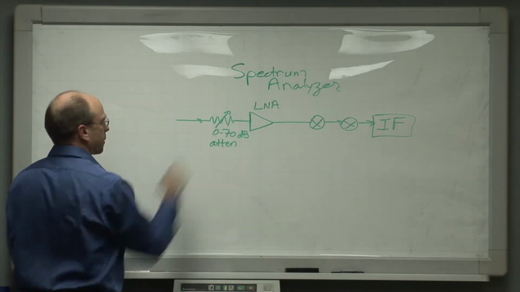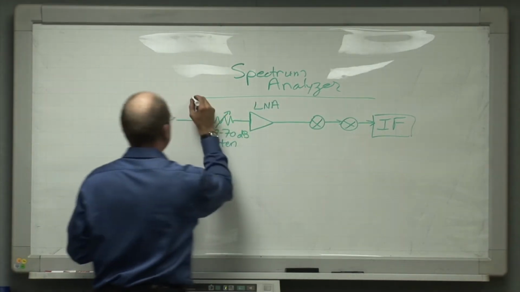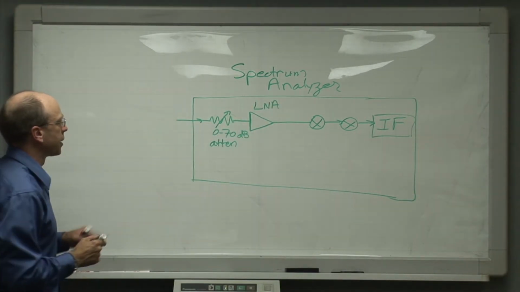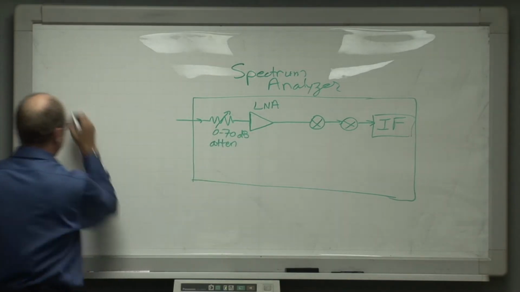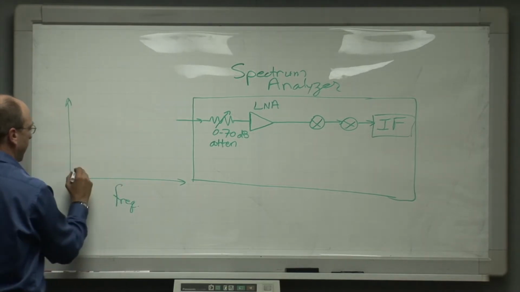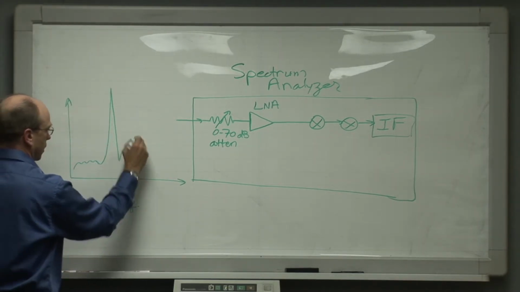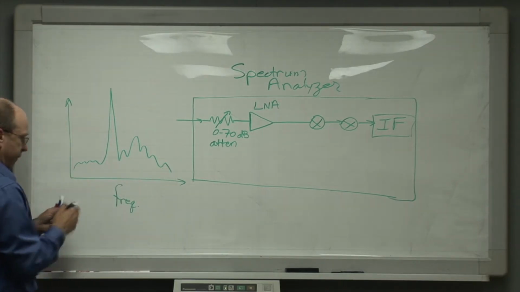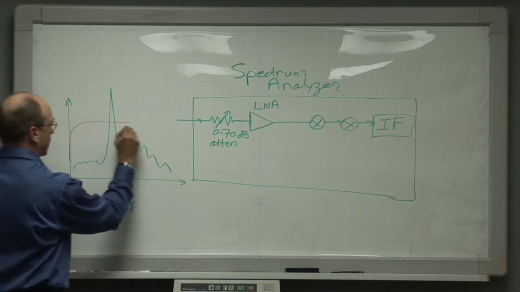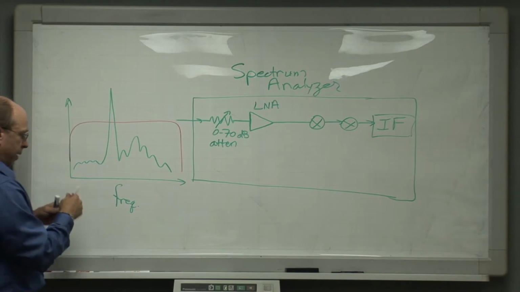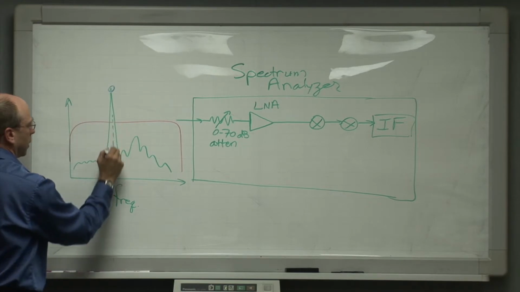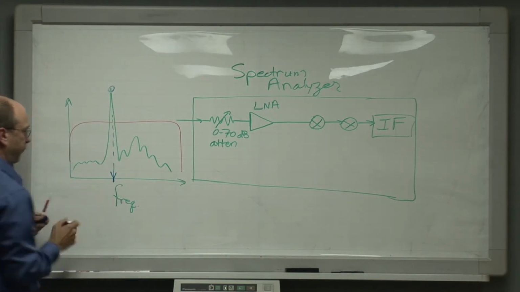If we were to use this kind of configuration at the front end of a spectrum analyzer, we know that the problem is that if, in the frequency domain, here's frequency, if the radar emission spectrum looks like this, and if the low noise amplifier's gain response looks like, say, that, the problem is that this radar emission is going to overload the LNA at this frequency.